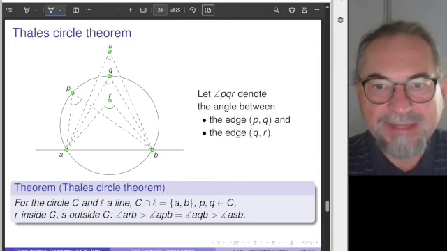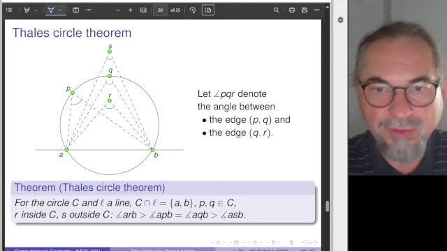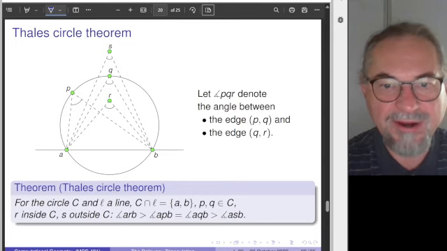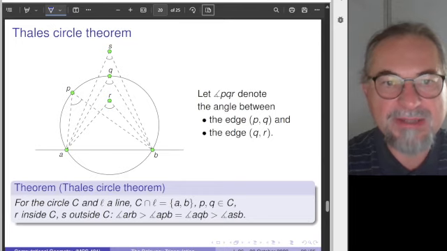We have the angle PQR in the definition, but actually what we look at are the angles ARB, APB. P is lying on the circle.